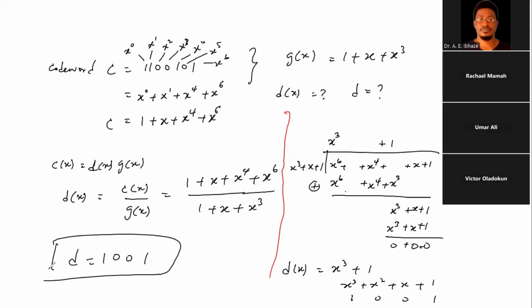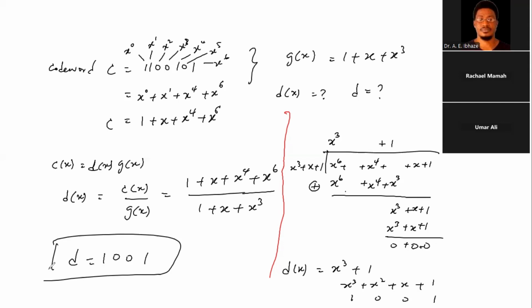Okay. The data code that we have, which is x cubed plus 1, after writing it down, we have to arrange it so that 1 will start before the x cubed, or we can leave it like that. Well, we are literally working with the highest power. So it means there are some other bit positions in this sequence.